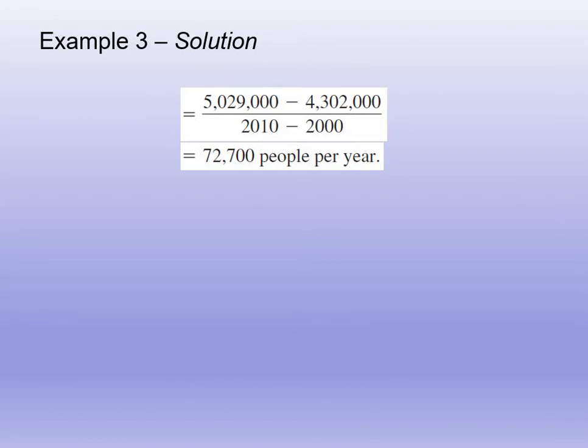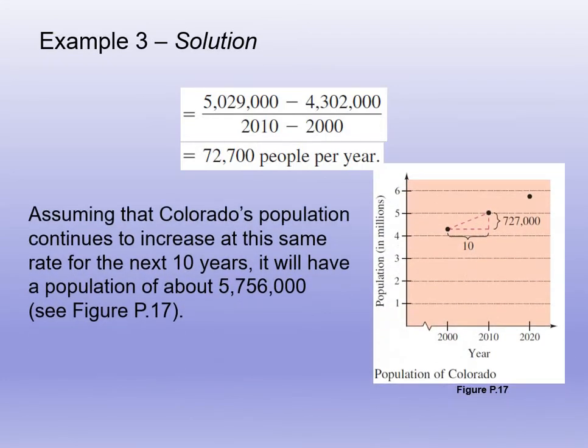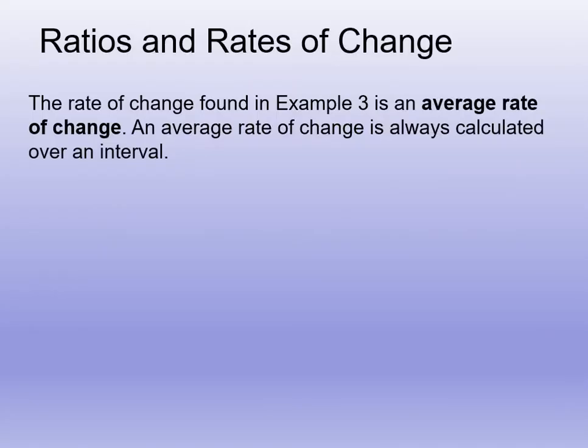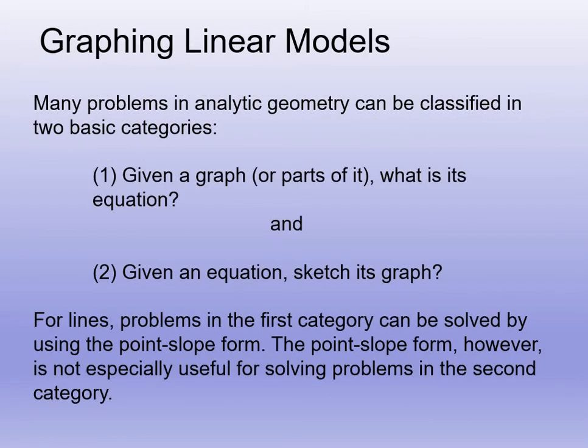That's how we always do that. Population over time. Time will always go in the denominator. Time is always going to be the x value. So whenever you're in question on a problem and it deals with time, know that time's always going to be the denominator. That was just the average rate of change, or the growth in that model.